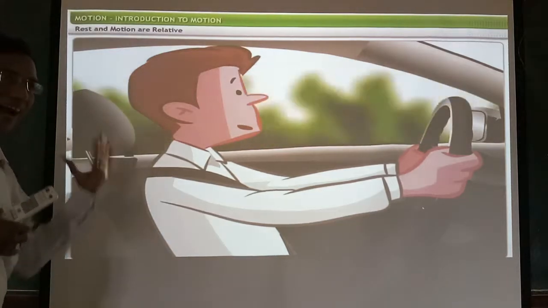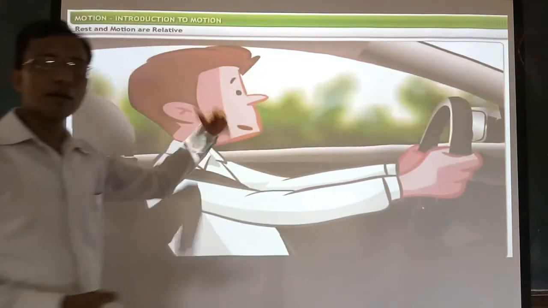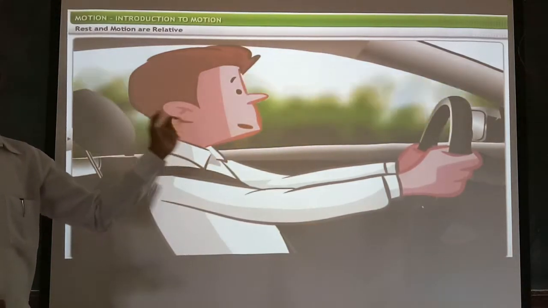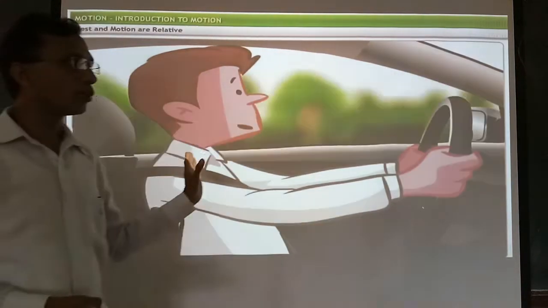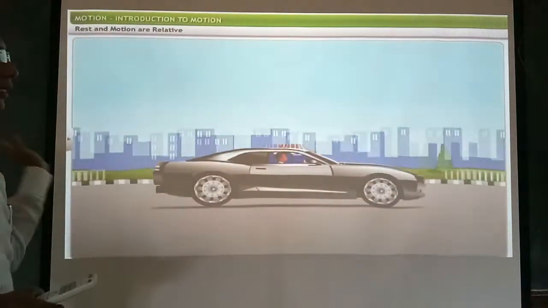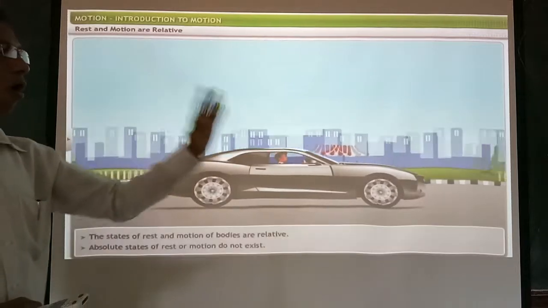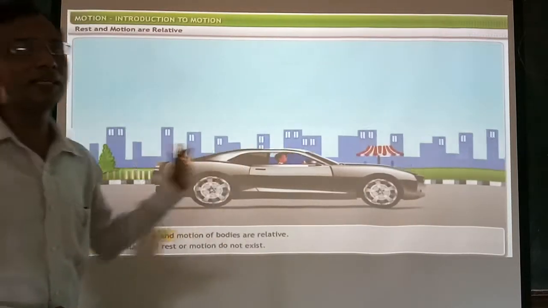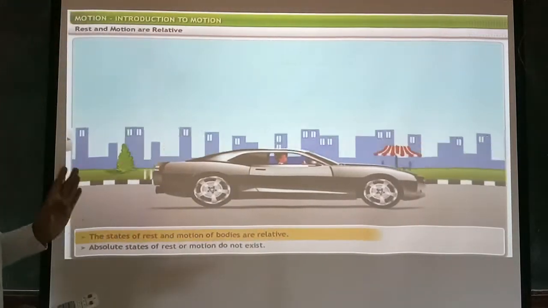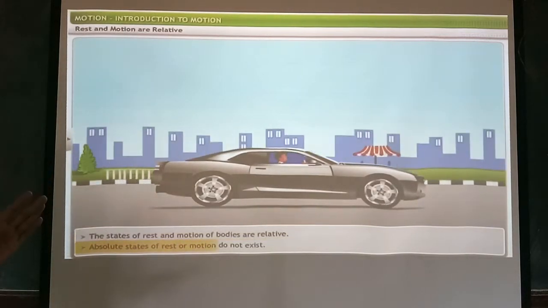The car is in motion, while the man is stationary. But when we observe from the car, all the trees, plants and buildings appear to be in motion. So we can say that motion is relative.